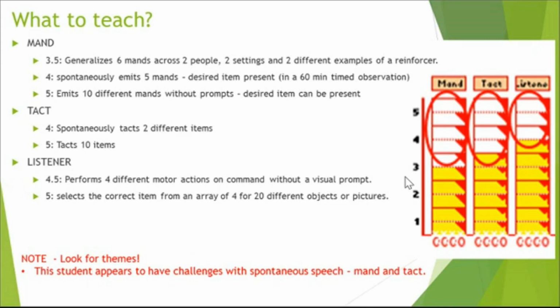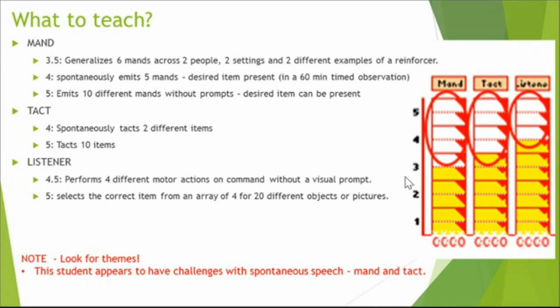So I'm not seeing any spontaneous manding behavior. And then number five is that they emit 10 different mands without prompts when the desired items can be seen. So again, we are probably looking at volume.